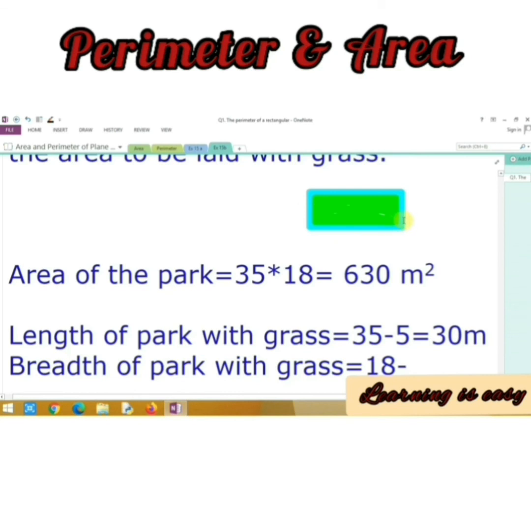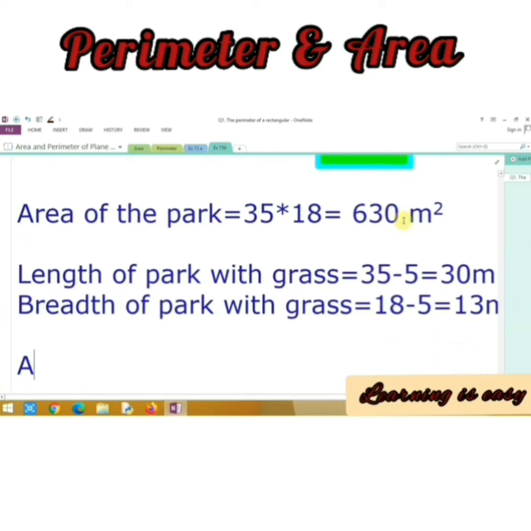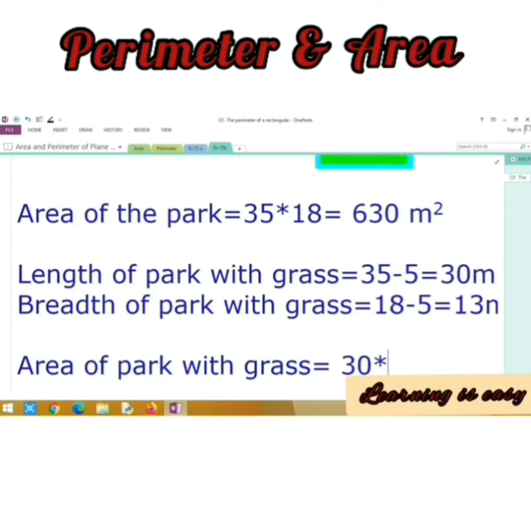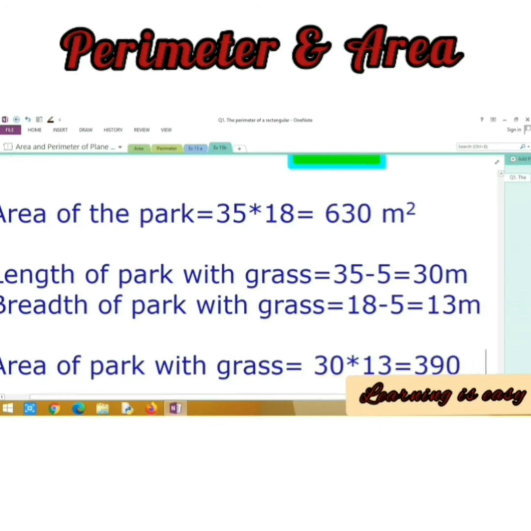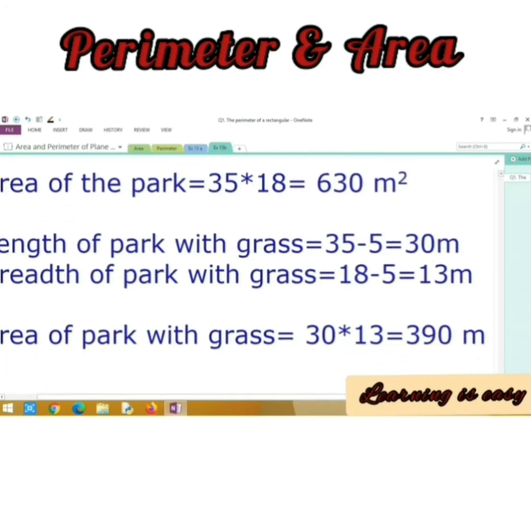So that's 5. 18 minus 5, that gives us 13 meters. So this is the length and breadth of the grass area. So area of the park with grass, we can find it with this length and breadth, 30 into 13 meter. So that is 390 meter square.